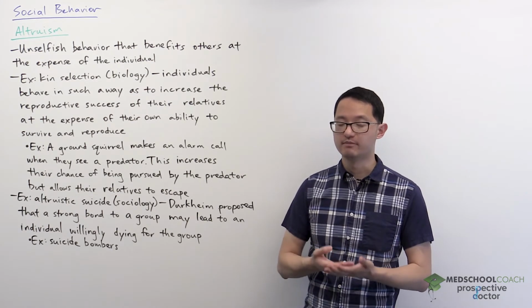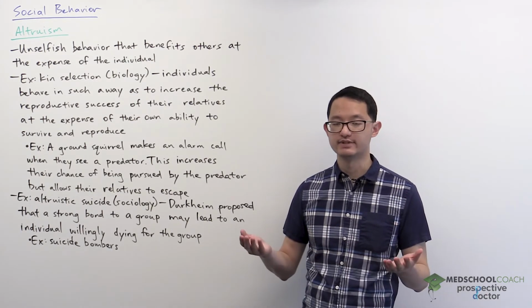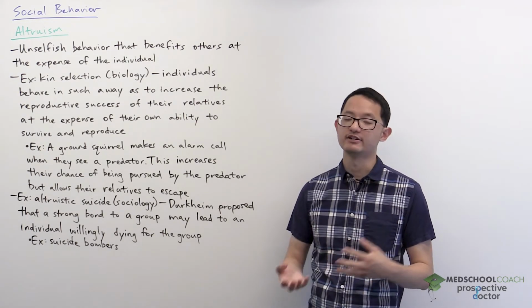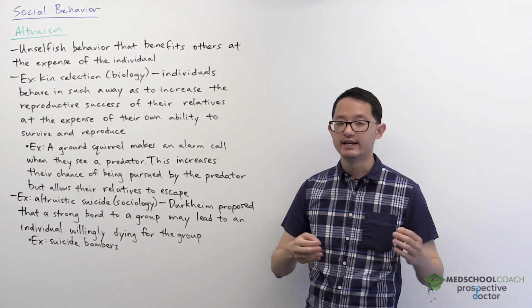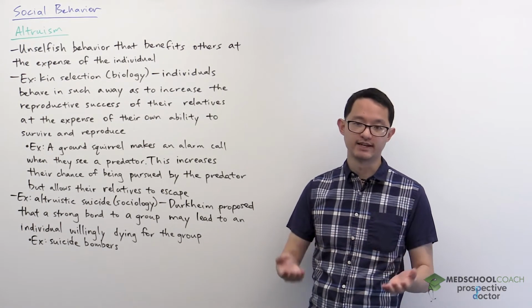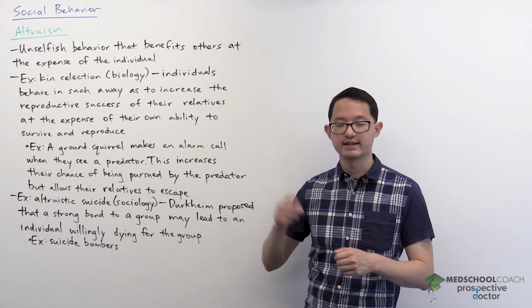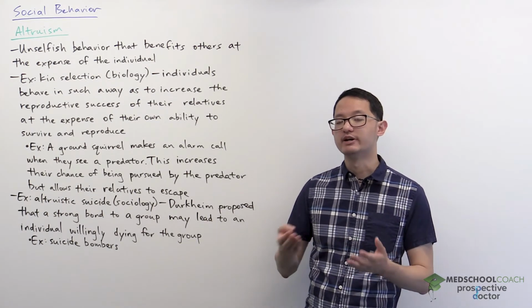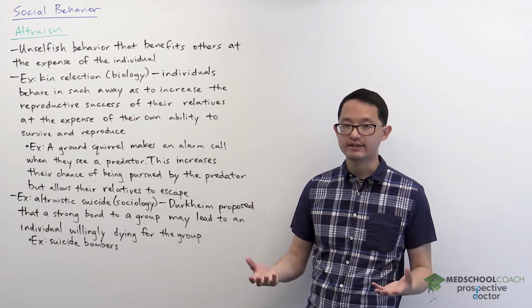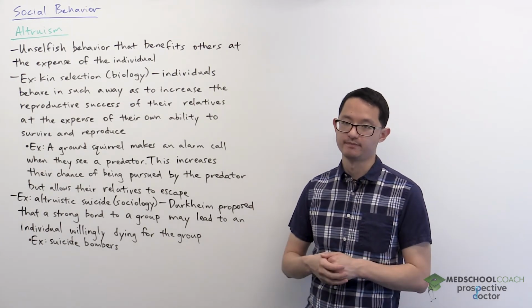However, you share many of your genes with your relatives. So if your relatives are able to survive and reproduce and pass their genes on to the next generation, it's sort of an indirect way of passing on your own genes to the next generation. So kin selection refers to this situation where an individual will sacrifice themselves to allow their relatives to reproduce.